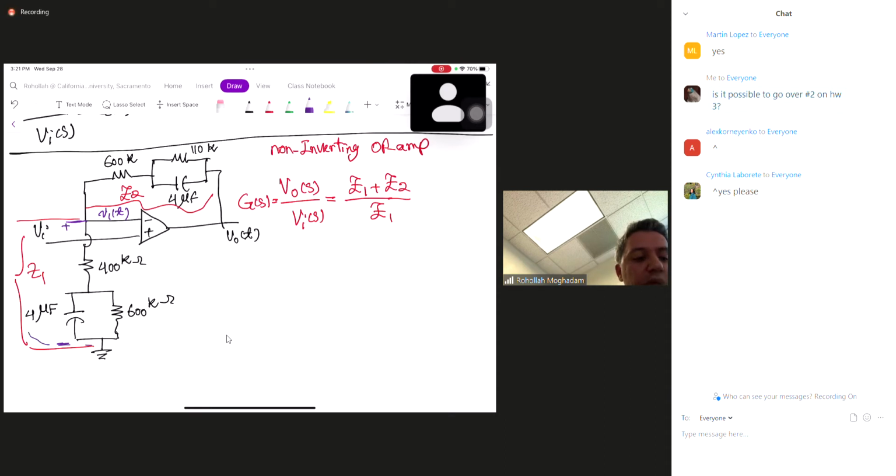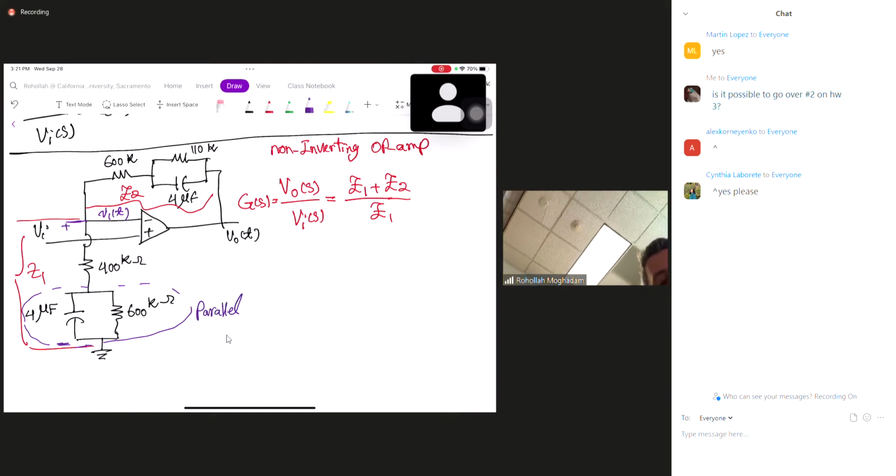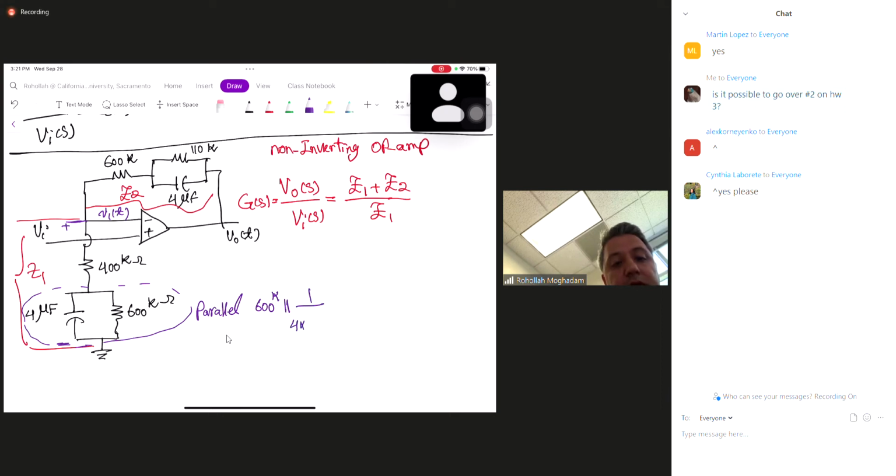We have 2 components over here that are in parallel. So this is a 600K parallel with 1/(0.25 times 10 to the 6 s). This is 1/Cs.